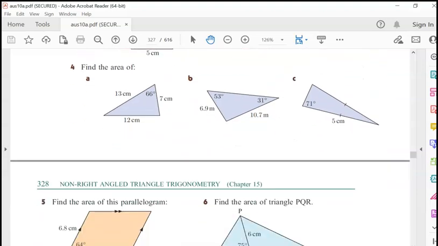What's going on with question 4? Which length do you have to use? They're 13 and 7 because they surround the angle. What about this? Here's my 2 lengths. I don't have the angle. Are you going to tell me you can't do it? You've got 2 other angles, so you should be able to find this angle, 180 degrees in a triangle, and away you go. So not too bad.